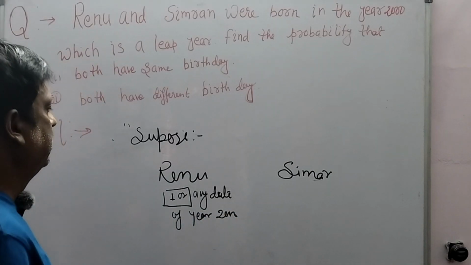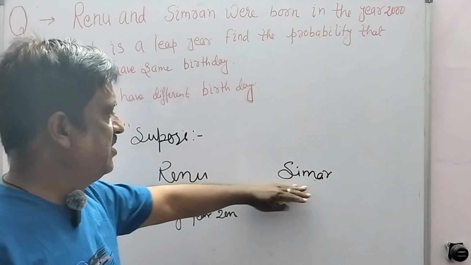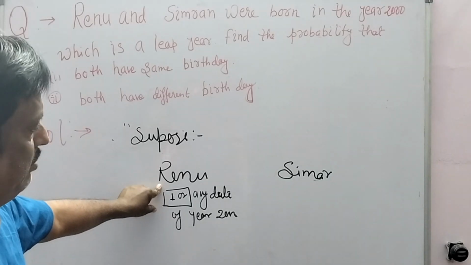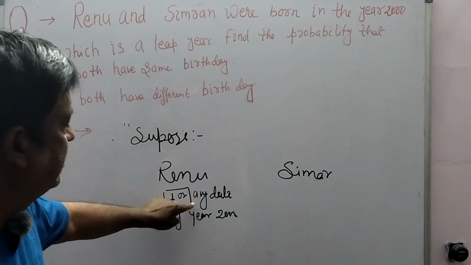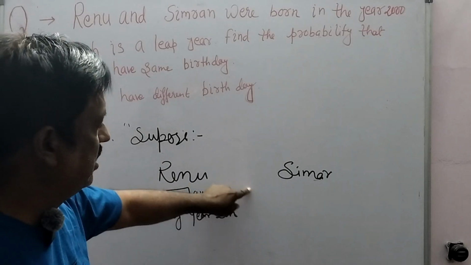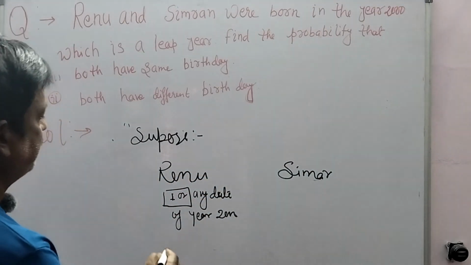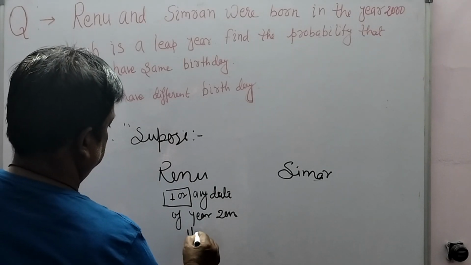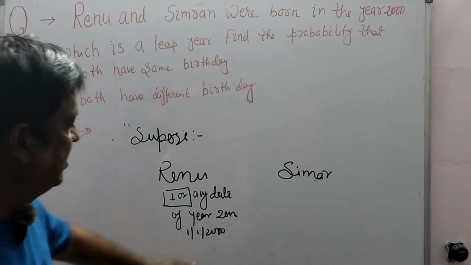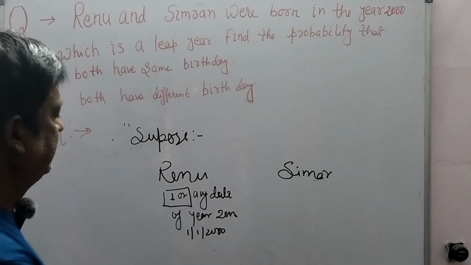Then only the same one comes, like comparing with a dice. A fixed date of a year comes only once. This indicates one fixed date, suppose 1st January 2000. This date is only a single date.